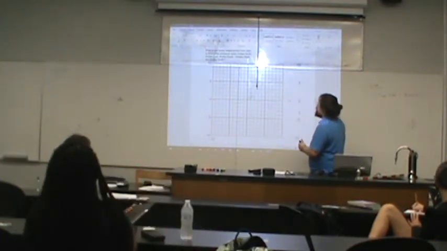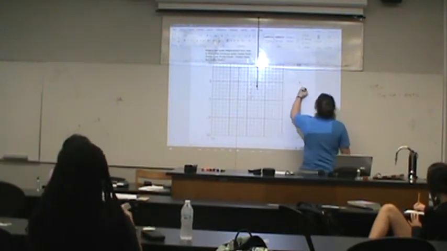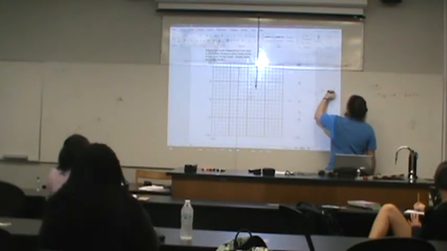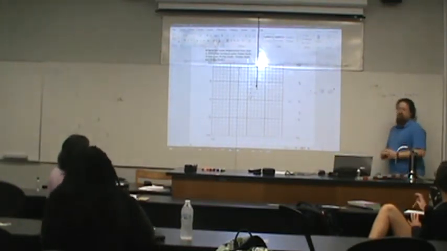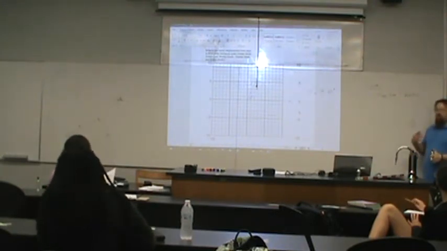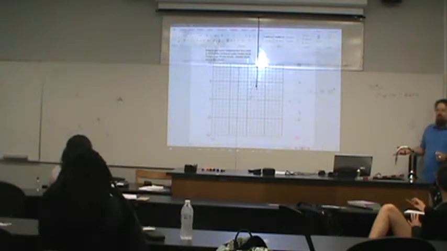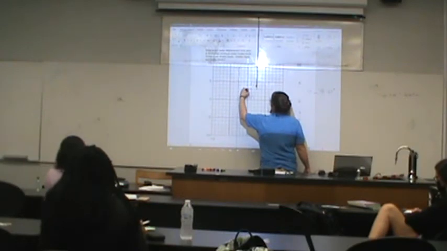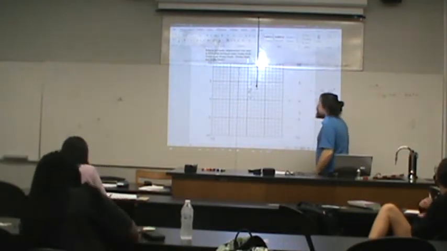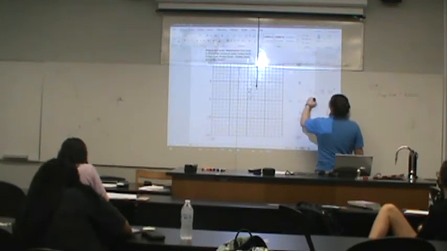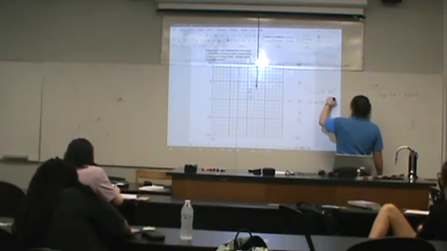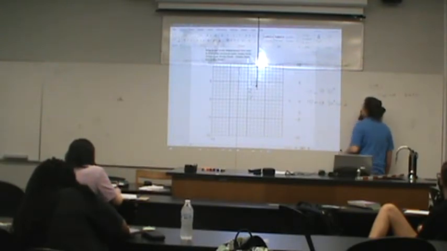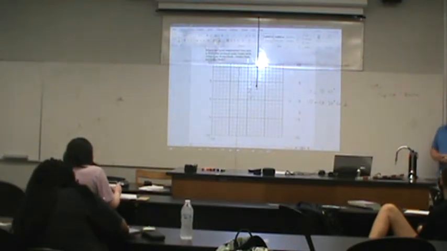You can write your answer as 10 meters at 60 degrees, and if nothing else is specified, the assumption is that 60 degrees is from the positive x-axis. But alternatively, it could also be 30 degrees from the positive y-axis, and you could describe it as such as long as you were very specific. So these two answers mean the same thing.